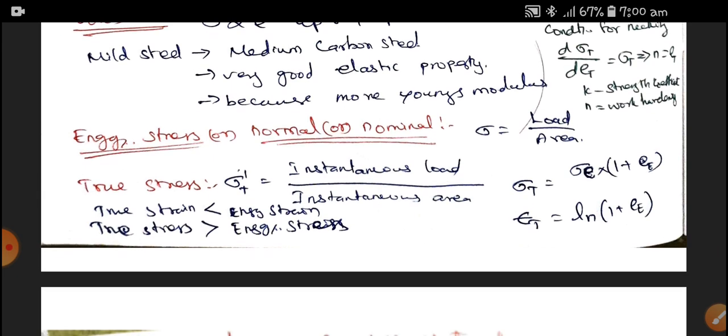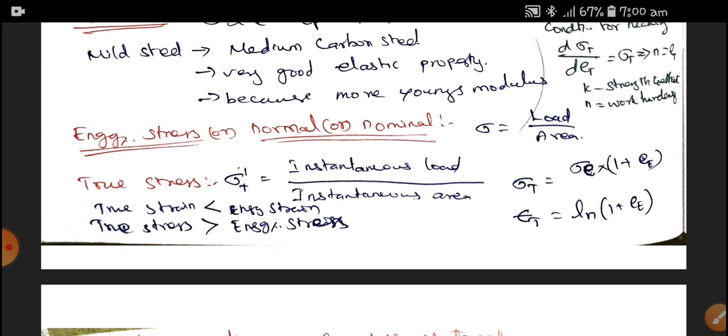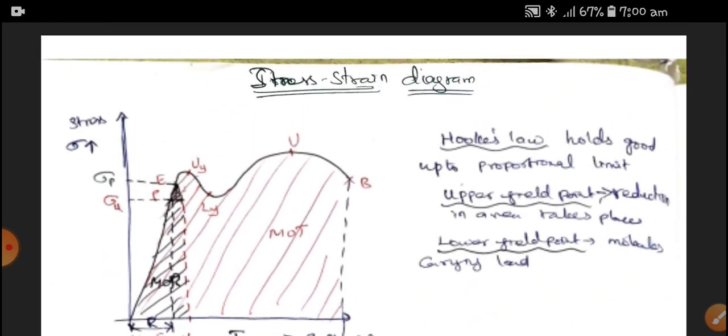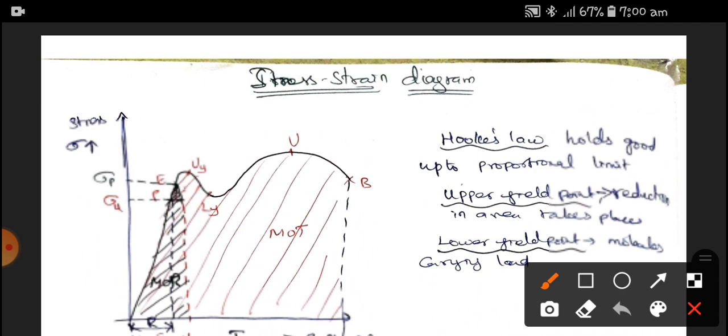We know that the normal engineering stress or nominal stress is given by the formula stress equal to load by area, that is the resisting load by area, whereas true stress is the instantaneous load to the instantaneous area. We have to understand one thing in the stress strain diagram: at the ultimate point, as the definition said, the necking will start.